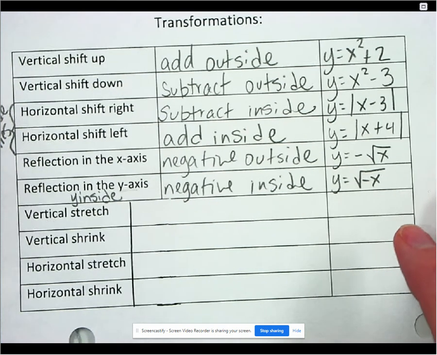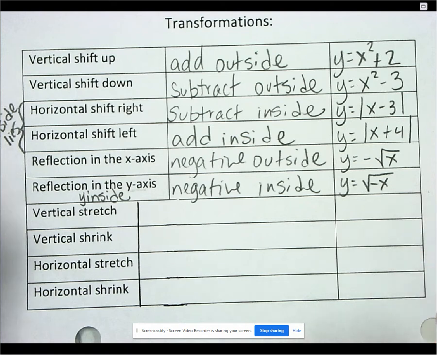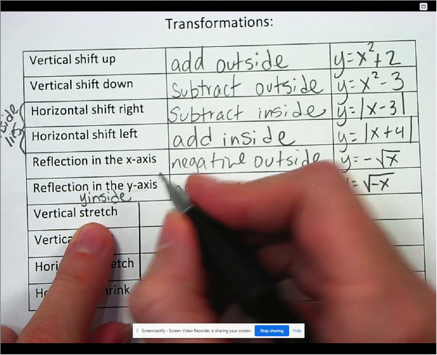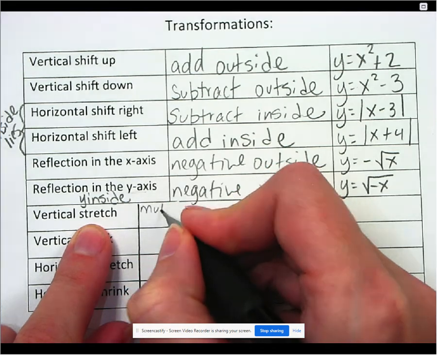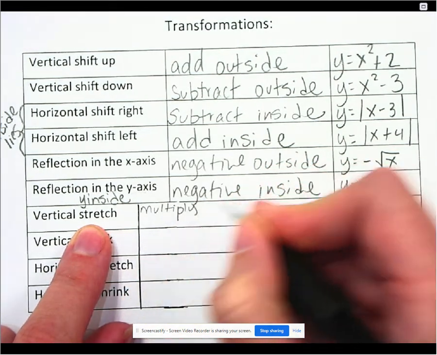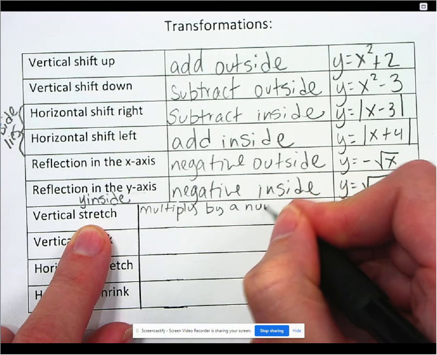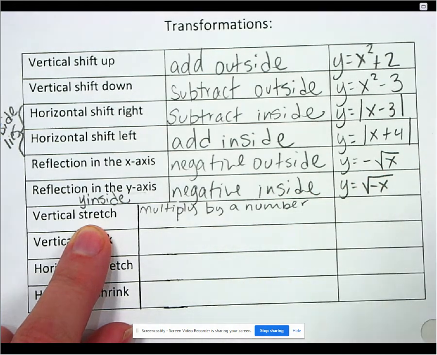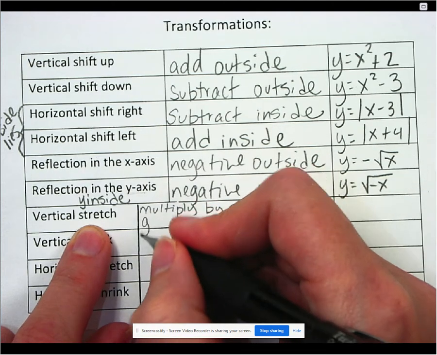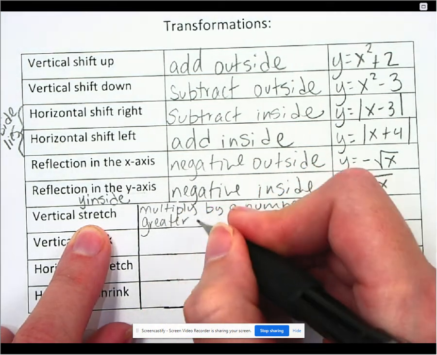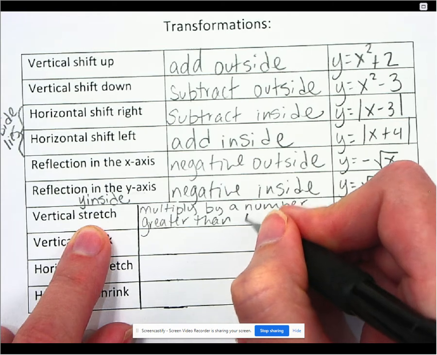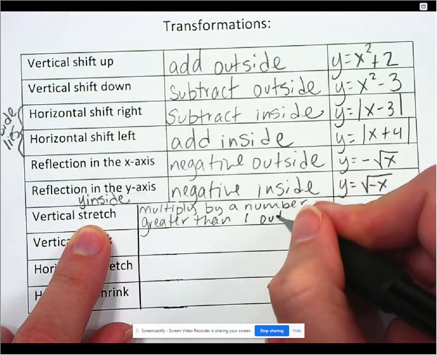Okay, and then we have all the stretches and the shrinks. So a vertical change is always happening on the outside. So if we want a vertical stretch, you multiply by a number greater than 1 on the outside.